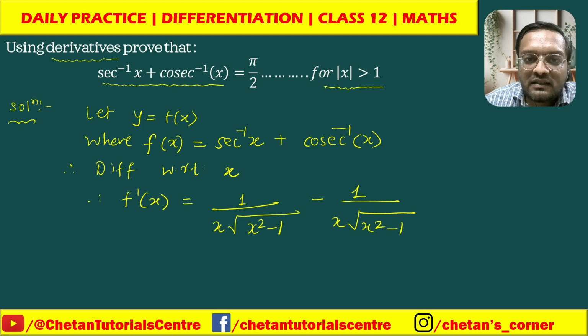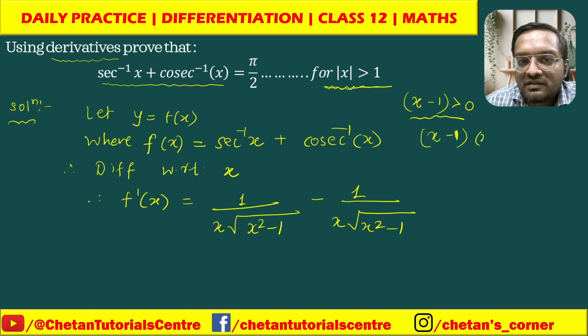Now here you can see that mod of x is greater than 1, which means x minus 1 is greater than 0. If I multiply this term with x plus 1, then I will get x minus 1 times x plus 1 is greater than 0.